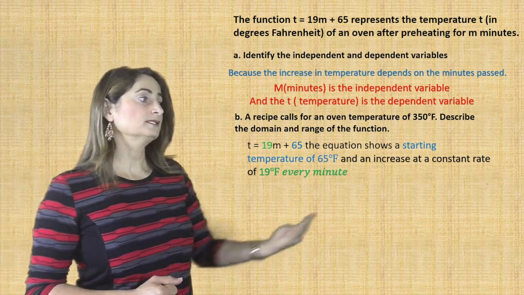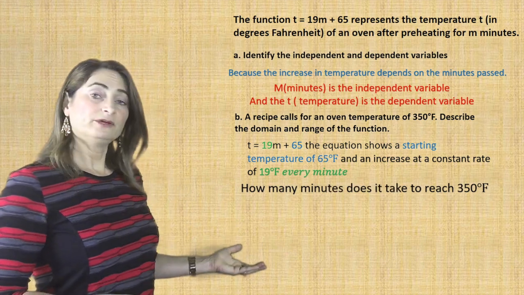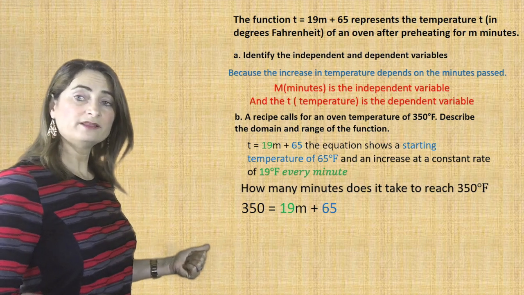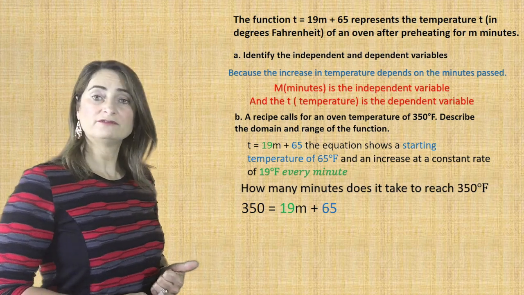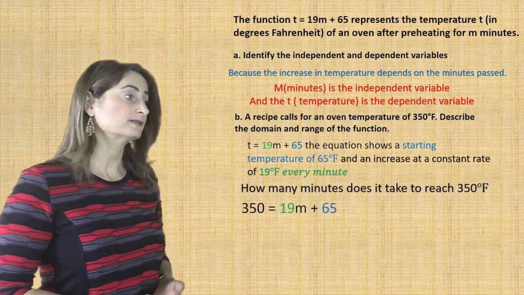How many minutes does it take to reach 350 degrees? Write the equation, substitute what you know. And I know the temperature is 350 degrees. So write 350 equals 19m plus 65. Now solve for m.